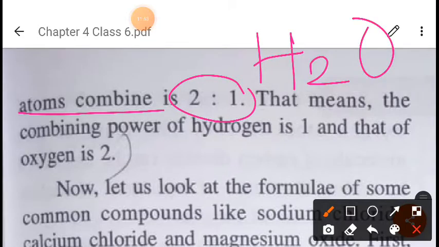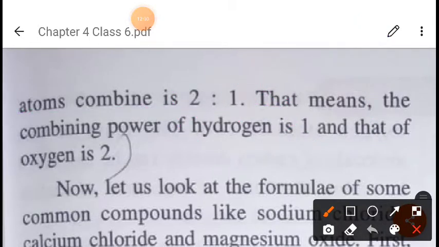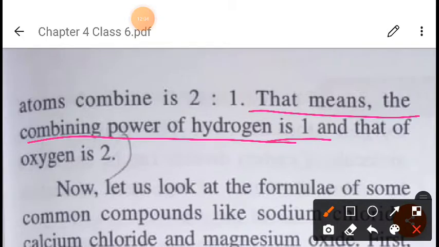H2O means what? Two atoms of hydrogen and one atom of oxygen, right? It is combined in a 2:1 ratio, okay? This means that the combining power of hydrogen is 1 and that of oxygen is 2, right? So I hope you have understood this.